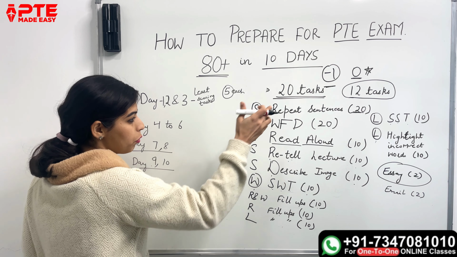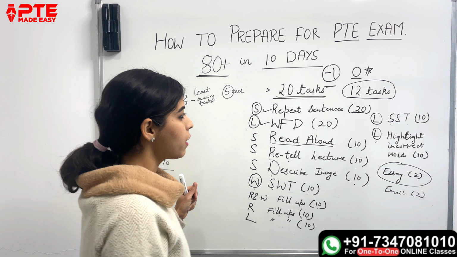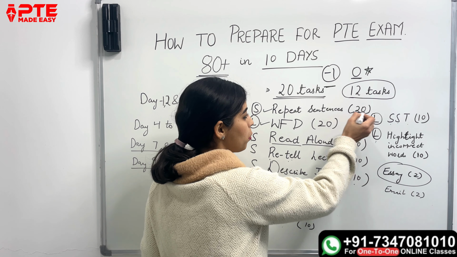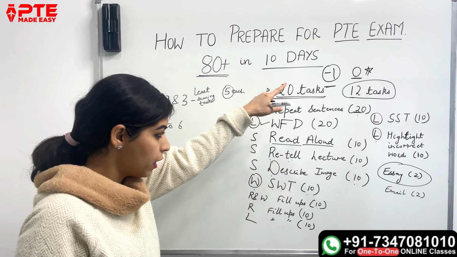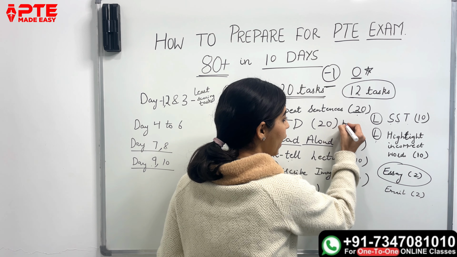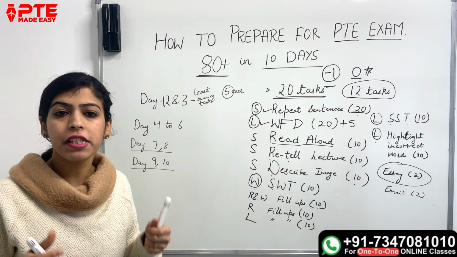We have this particular method. Now for day 4 to day 6, rather than practicing 20, we are going to practice 25 repeat sentences if you are facing problem in repeat sentences. We are going to follow everything like this, but we are going to add plus 5 questions for the tasks we are facing problem in.